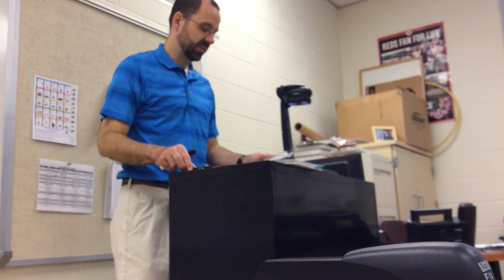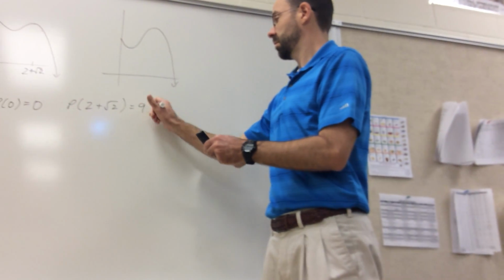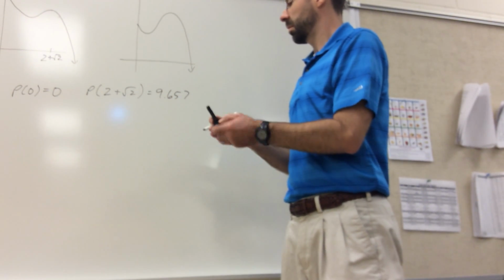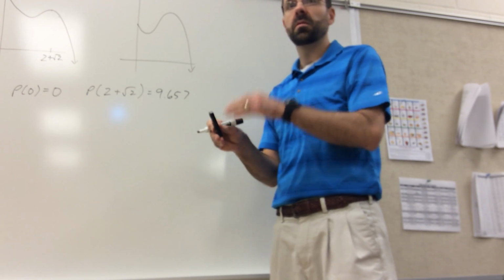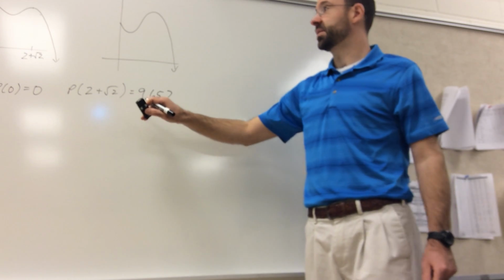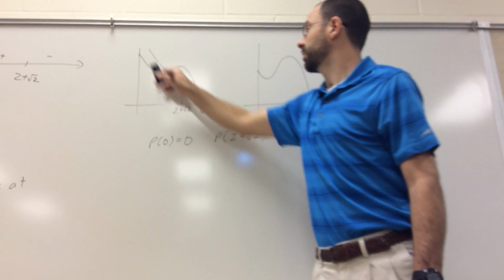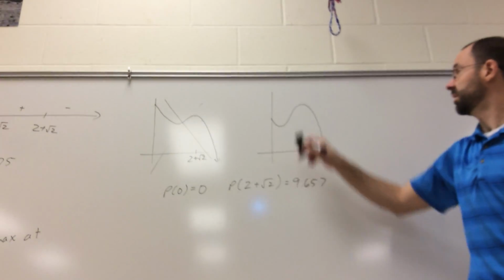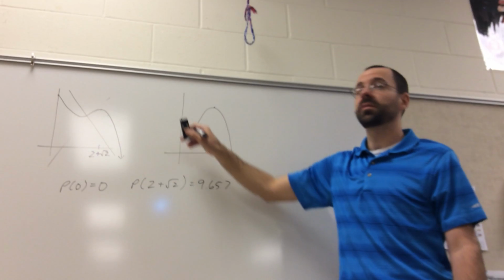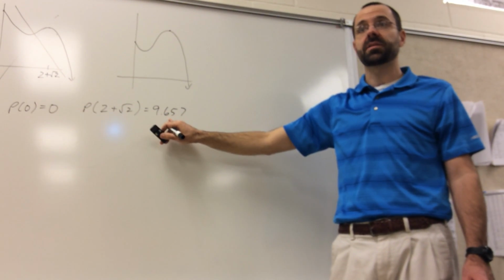So I'm getting 9.657. So that means that it's not this situation, right? So this is out. This is higher than this. And so this is the absolute max.